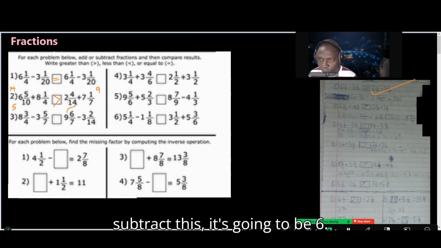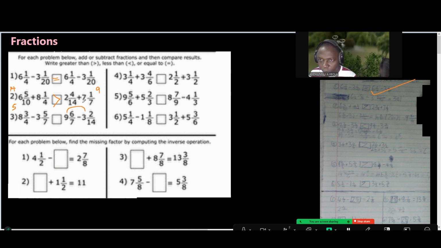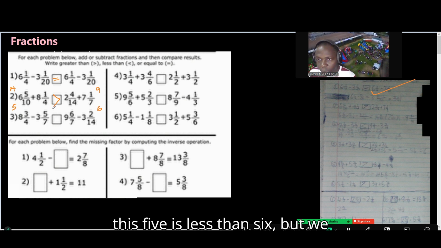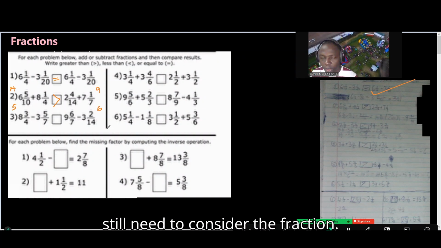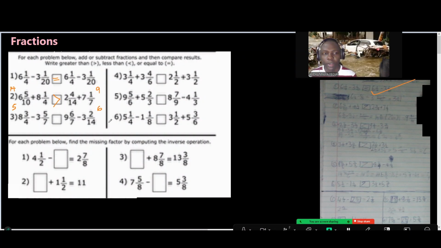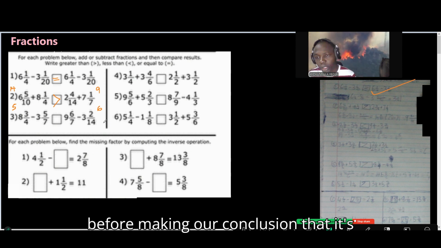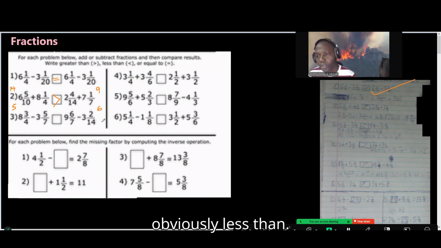So if we subtract, this is going to be 6. So we can be tempted to say this 5 is less than 6, but we still need to consider the fraction part. We need to consider the fraction part first before making our conclusion that it's obviously less than.